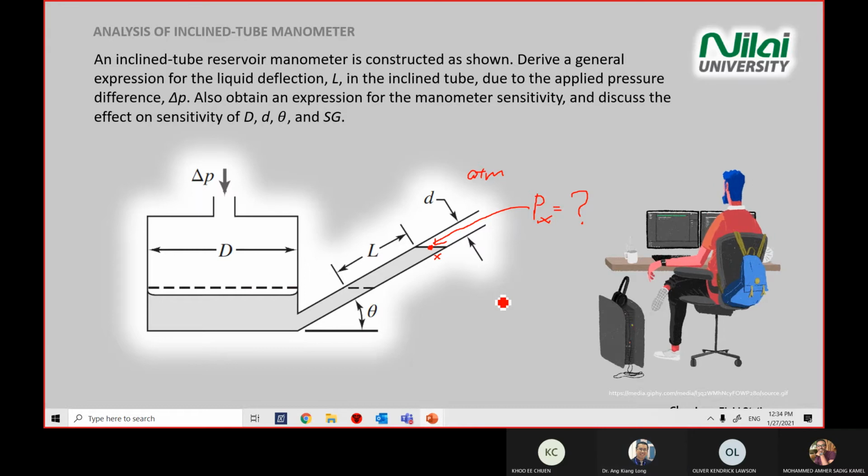Oliver, are you there? Yes, Sonia. What is the gauge reading? If you install a sensor at position X, what is the reading that you will get on your sensor? I'm not too sure. You're not too sure. Are you in the classes now? Yeah, I was. Okay. Amir, you want to help? What is the gauge pressure at position X?